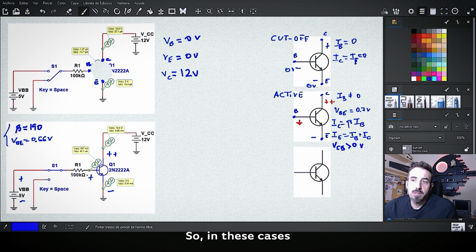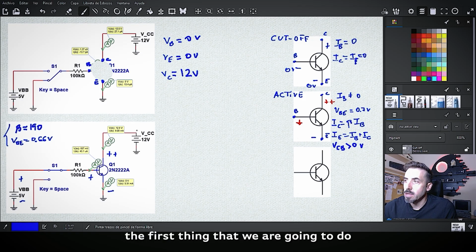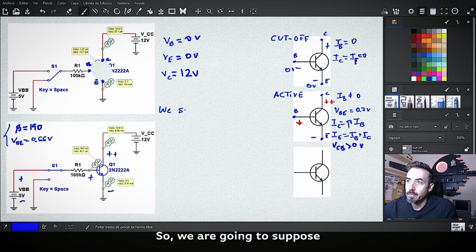In these cases where it's highly likely that you're working in active mode, the first thing that we are going to do is to suppose that. So we are going to suppose active mode.